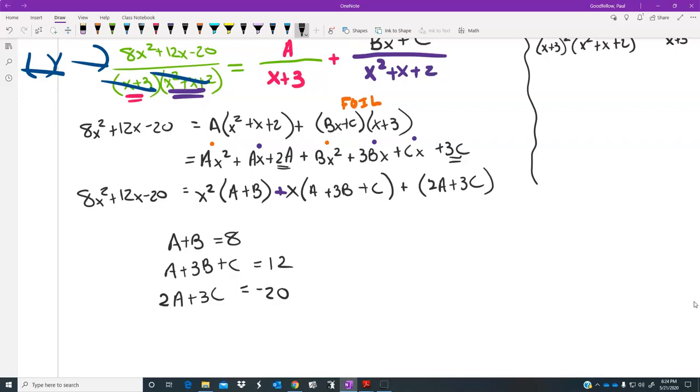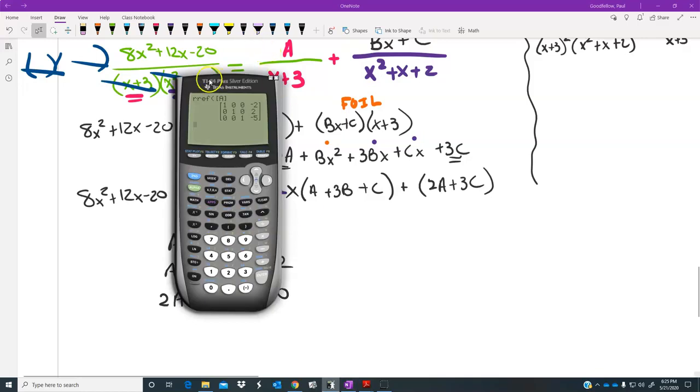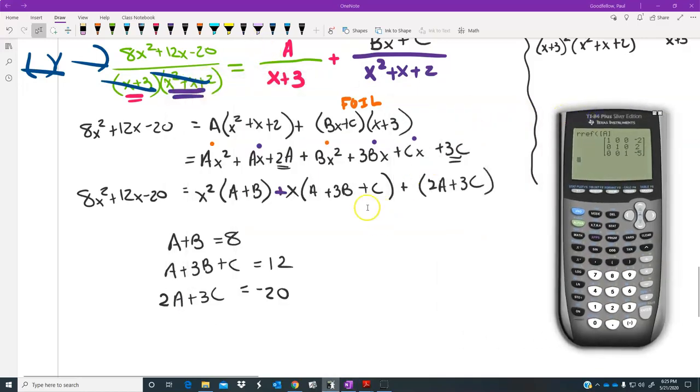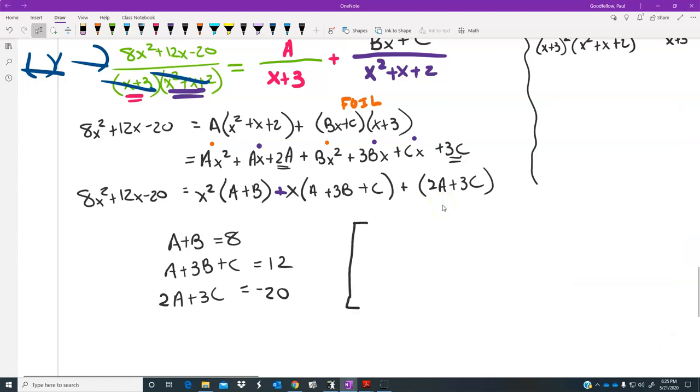Now this is a great example of maybe when you might push ahead and use your calculator in an RREF way and write the augmented matrix that would be necessary for this. That would be a 1, 1, 0 with an augmented 8. I'm using 0 because there is no C in that first equation. Then a 1, 3, 1 with a 12, and a 2, 0, 3 with a -20.